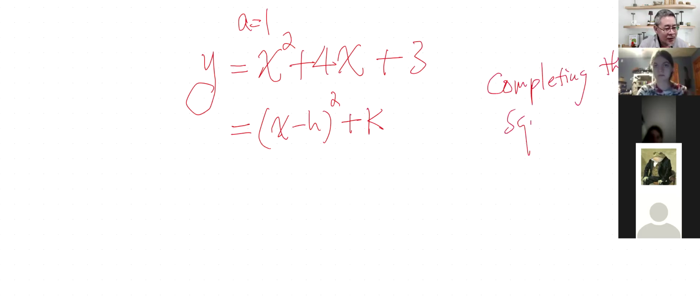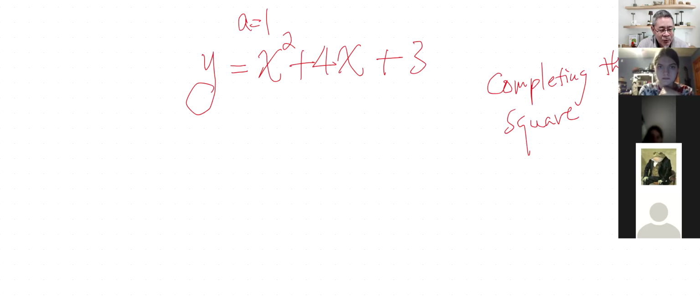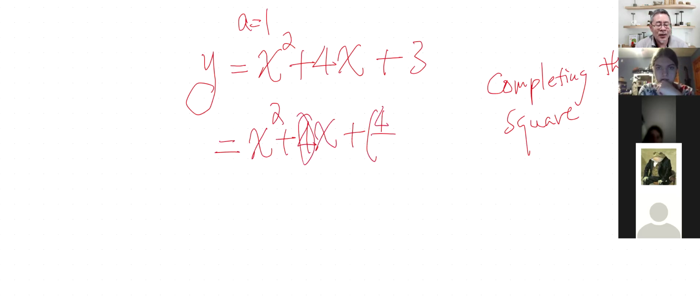Okay, so let's see how we do that. In completing the square, we see that if we have x squared plus 4x, we're going to add half of that squared. Half of that is (4 over 2) squared. But since we are not going to change the function, anything we add we have to take out.